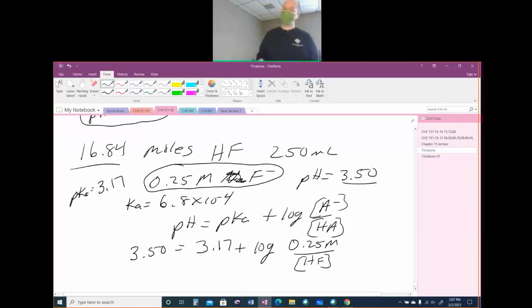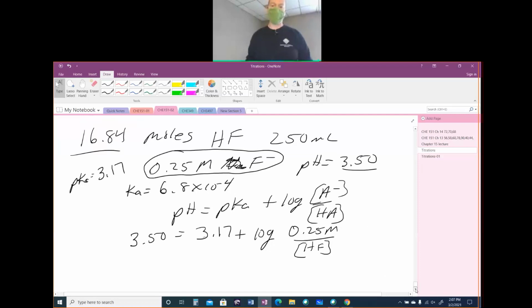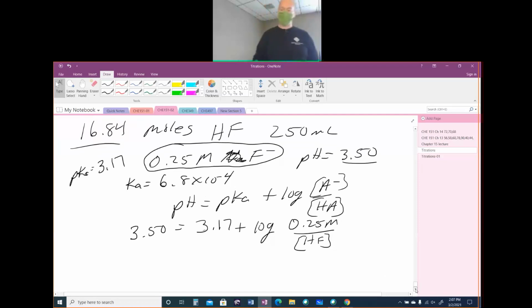But note, when we solve this, we are getting this in terms of molarity. So we would know the molarity of our HF. All right, but how do we solve this mathematical equation? Well, the first thing we have to do is subtract 3.17 from both sides. So we have 0.33 is equal to the log of 0.25 divided by HF.